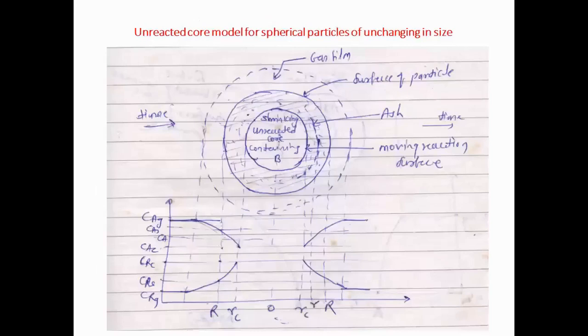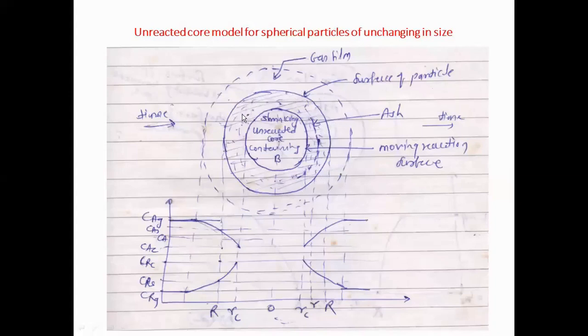We'll see. First we see the figure. When fluid reacts with a spherical particle, we take the section, and this section and the concentration profile we draw here. See, this is the surface of the original particle, and the fluid surrounds this particle.